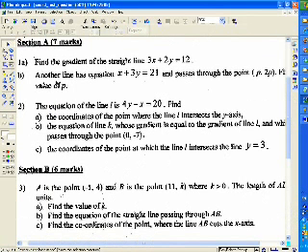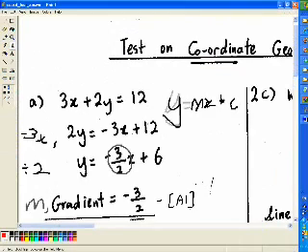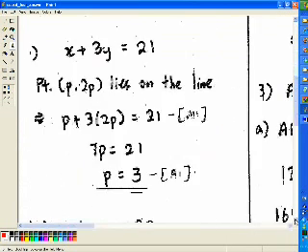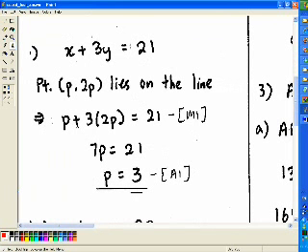For 1b, another line has an equation x plus 3y equals 21 and passes through the point P, 2P. Find the value of P. Since we know the equation of the line, we know that as long as any point lies on the line, it will fit into the equation.